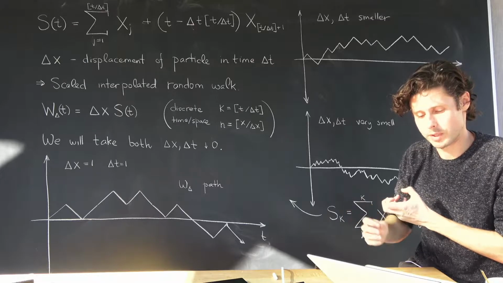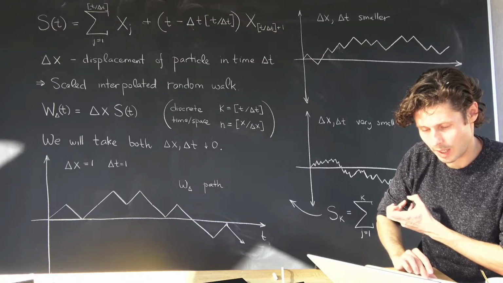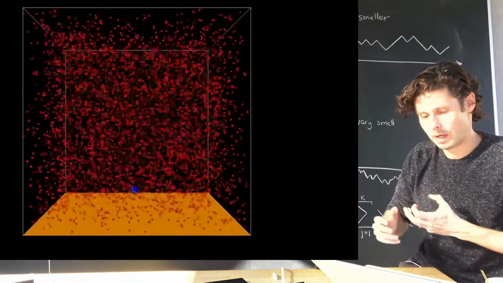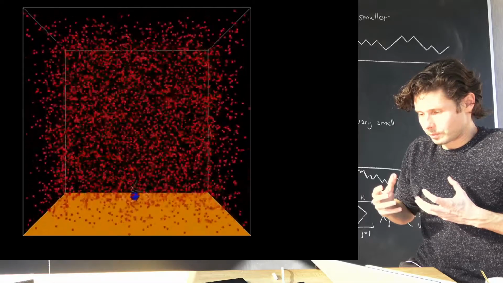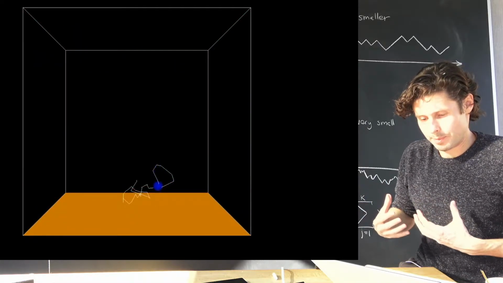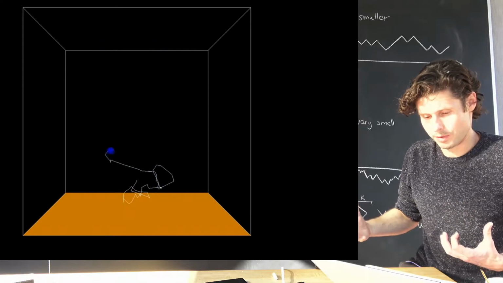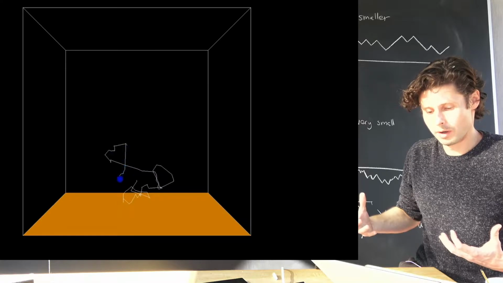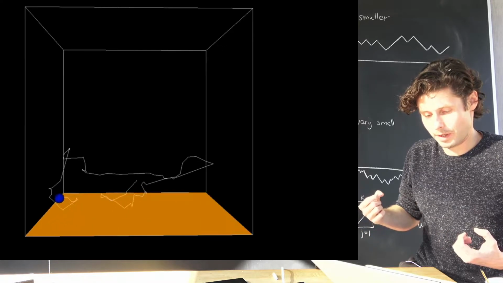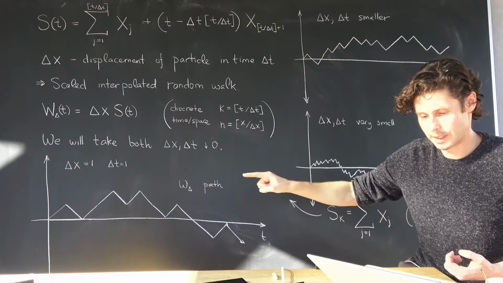If you want to think about what's happening in the context of this video here, what we're really doing is modeling the fact that this medium that the blue particle is suspended in is made up of many, many other particles. And the more of them there are, the smaller the time interval delta t.